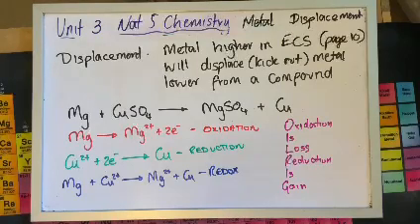Now oxidation can be classed as the loss of electrons. Reduction can therefore be classed as the gain of electrons. Oxidation and reduction almost always go together to give us what are called redox equations. The easiest way to remember it is OIL RIG: oxidation is loss, reduction is gain, and that's of electrons.